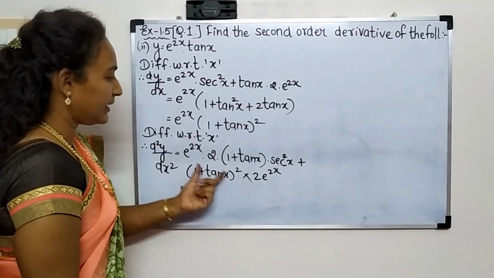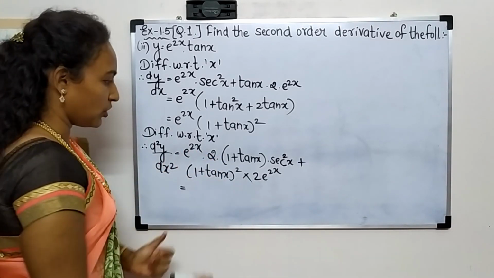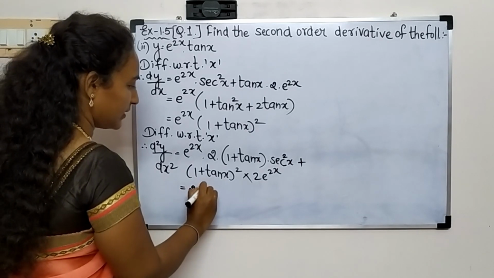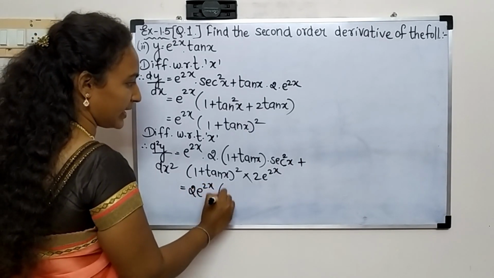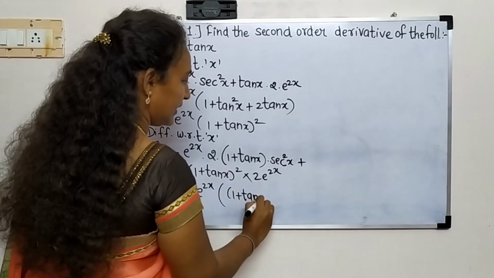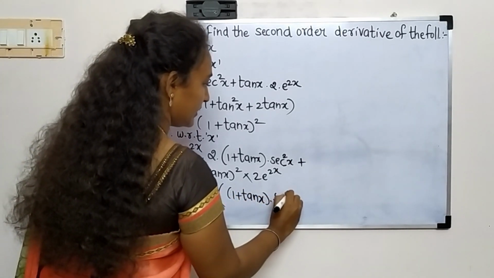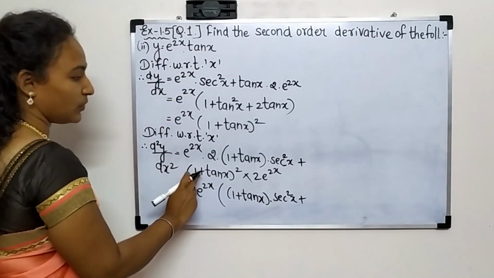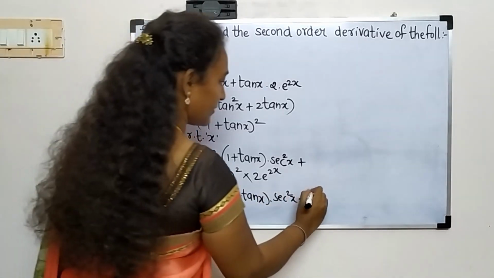See, from this you can take e power 2x and 2 common. So this is 2 e power 2x, and we are left with 1 plus tan x into sec square x plus 1 plus tan x the whole square.